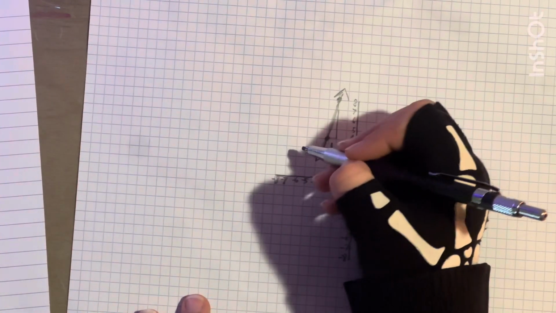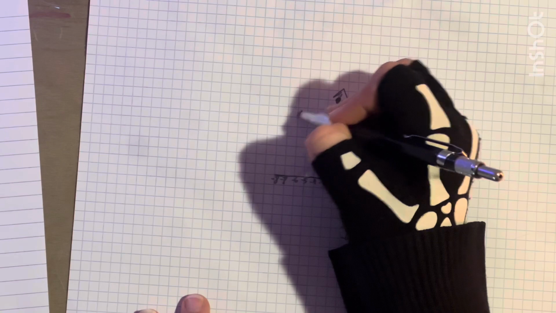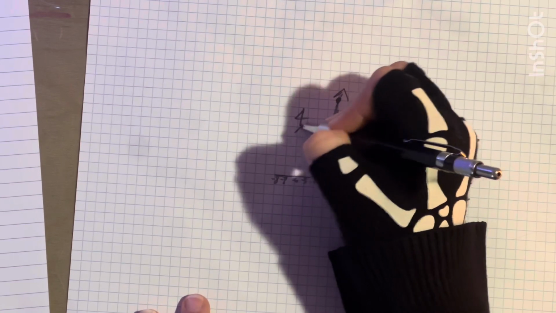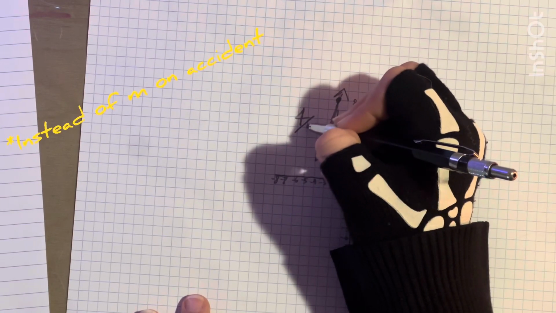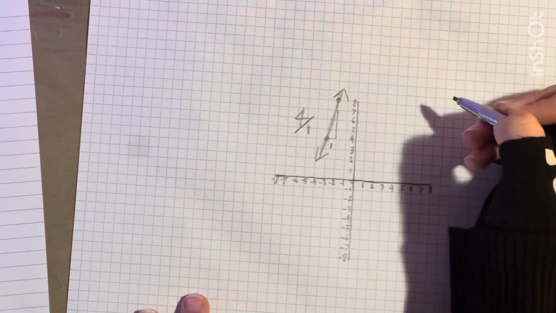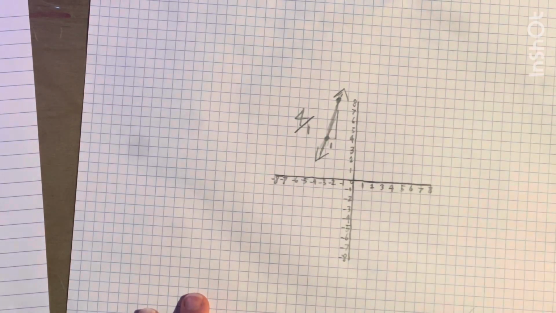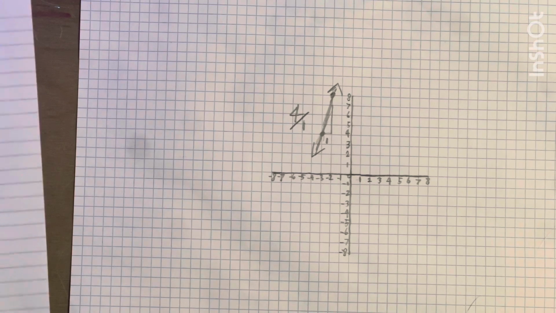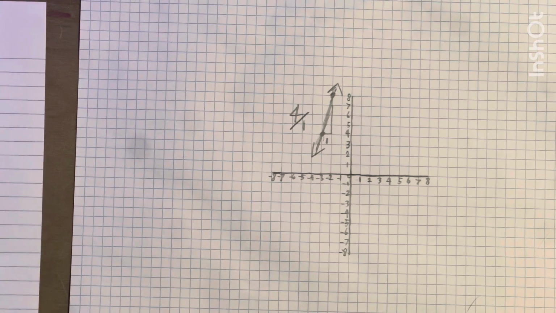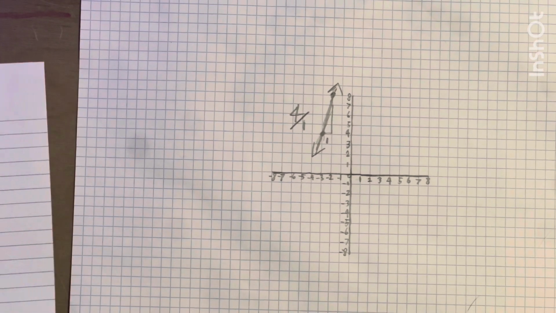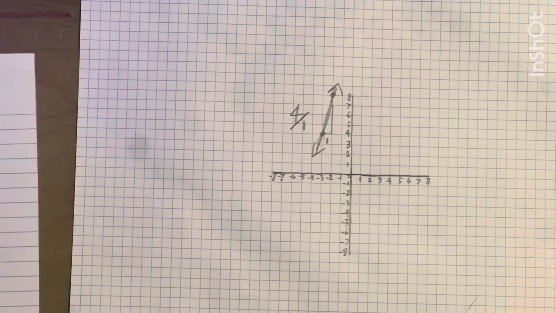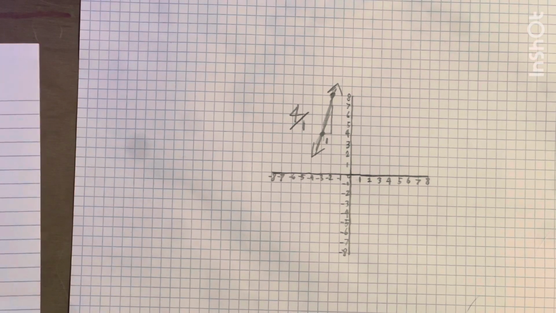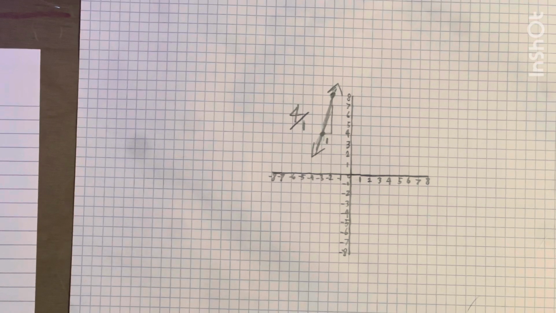So, yes, 4 over 1. I did not mess up. I was just trying to find y. 4 over 1. Ta-da! And that is how you find both the answers for slope formula and finding missing value in slope. Hope this was helpful.